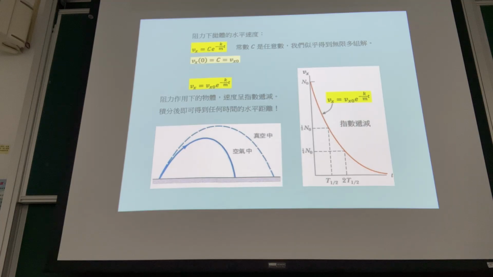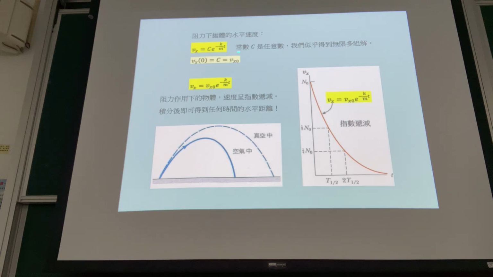Exponential decay. Okay, and again, I need an initial condition. Here, the initial condition is the initial velocity, Vx0. That's the velocity at t equal to 0. And you can easily see that it is equal to c. This c designates the original velocity.